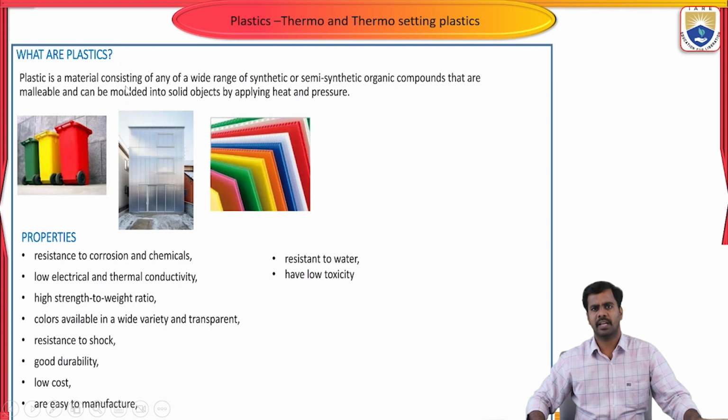So, plastics we can define as the material which has the tendency to be molded when applying heat and pressure. The plastics are the material that can be molded into our desired shape when you apply some heat and pressure. Those materials are known as plastics.